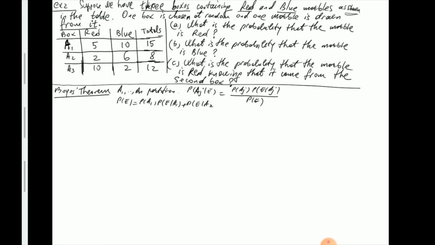Oops, I switched this, but so it's P of A2 times P of E given A2, ..., P of AN, P of E given AN. All right, so we have this for reference. And now let's see how we can answer the question.